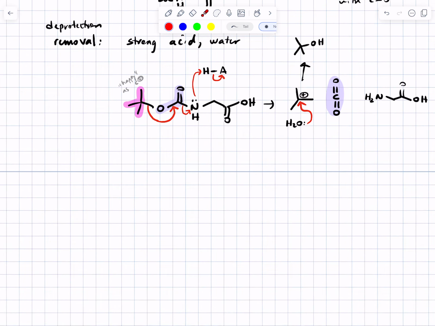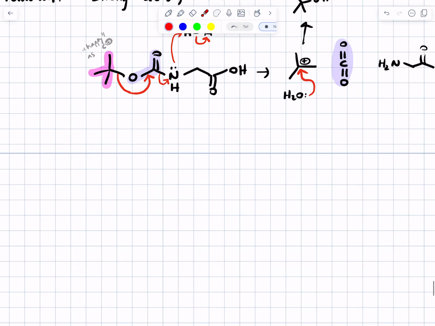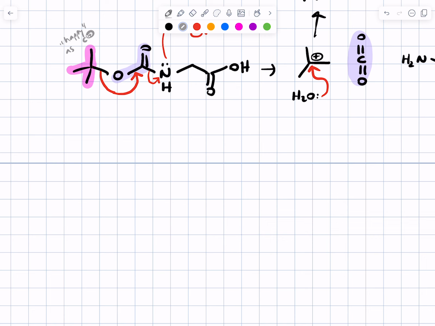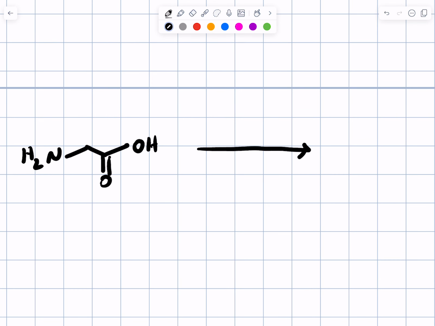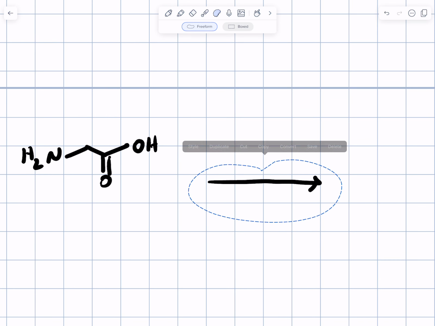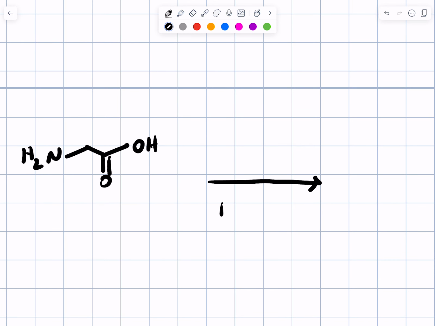Let's talk about the protection reaction. This one is also really easy. So here's an amino group. The strategy for protection is to use a reagent that's called Boc anhydride.